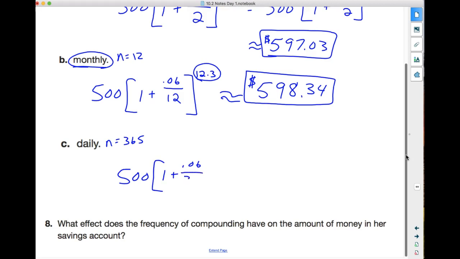Now I'm dividing that by 365, raising it to the 365 times 3. That's my whole exponent. And when I type that into my calculator, I find out it's approximately $598.60.